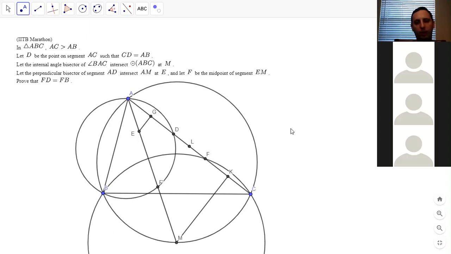Which is the same as, I think, saying that LM is equal to LA, but wait, that doesn't sound right. That is obvious because AF is equal to AB. So FC will be equal to AD.